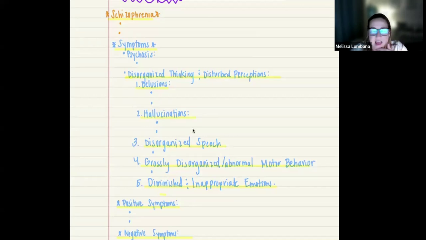Then the next symptom of schizophrenia is disorganized speech. And disorganized speech is basically where they're combining their thoughts and words, and they're just talking and they're switching from one thought to another.